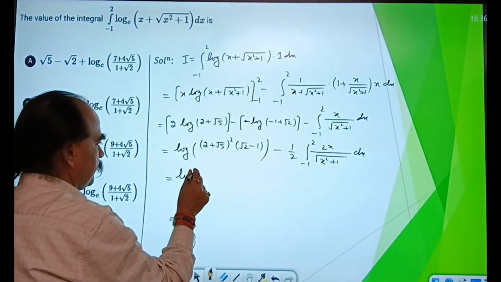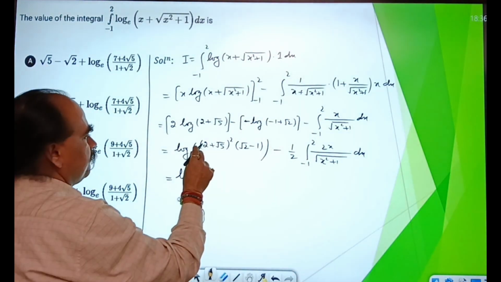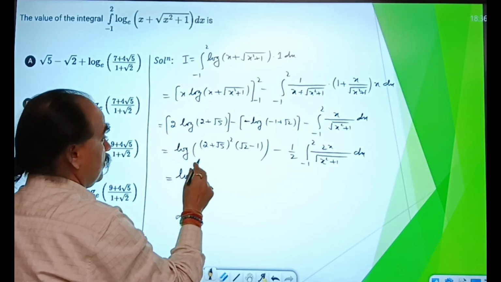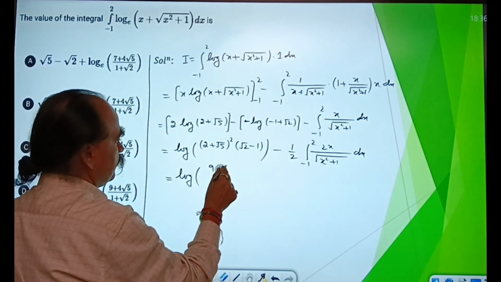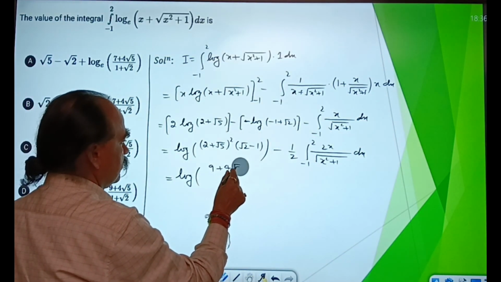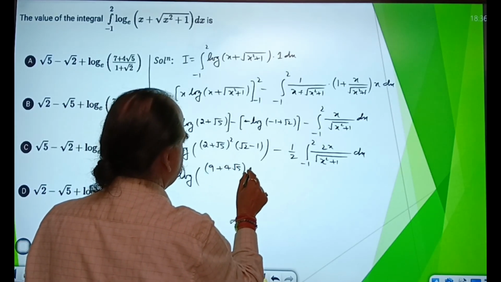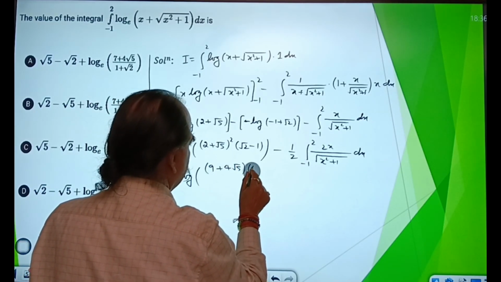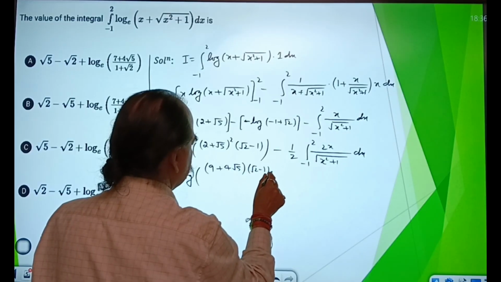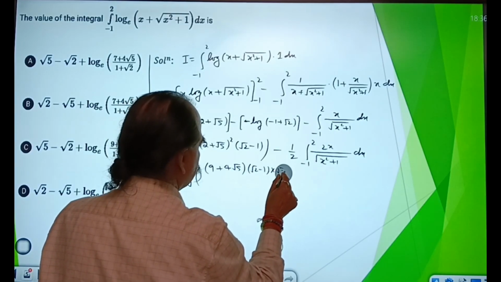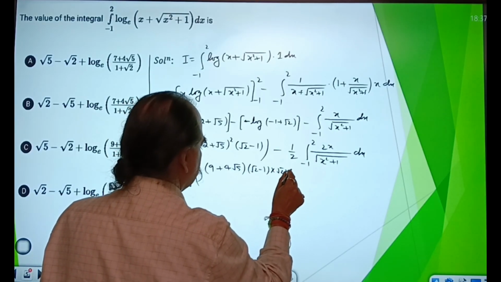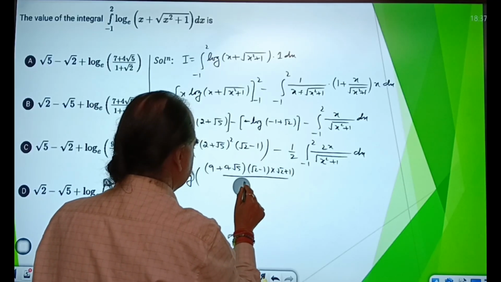Log of 2 plus root 5 squared, 4 plus 5, that is 9 plus 4 root 5. Rationalize it. Root 2 minus 1 into root 2 plus 1 upon root 2 plus 1.